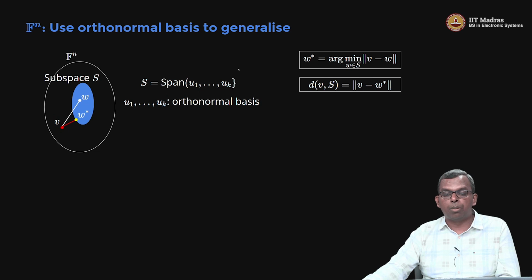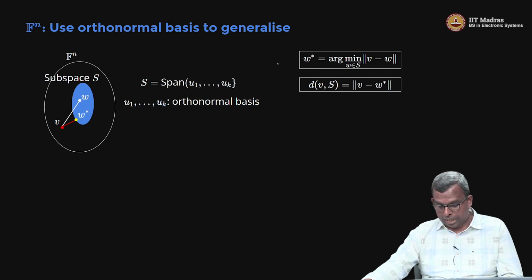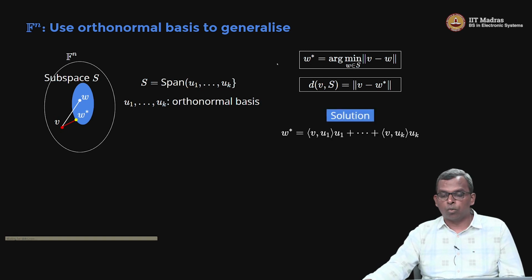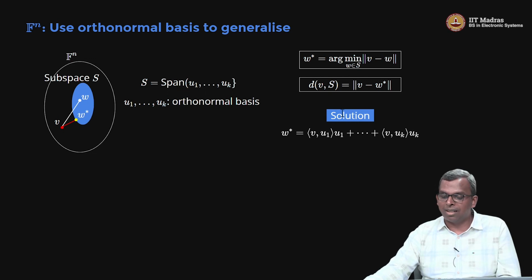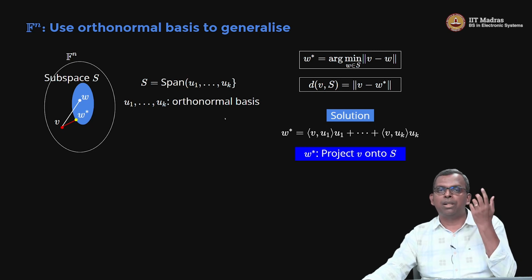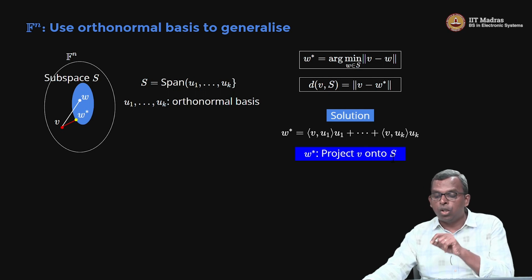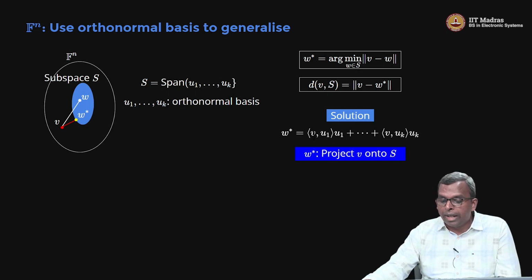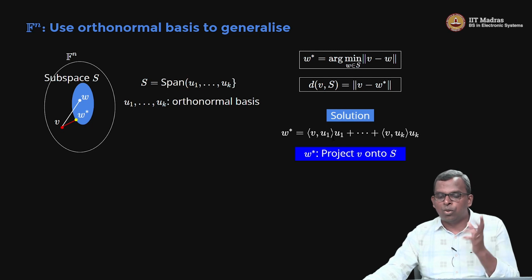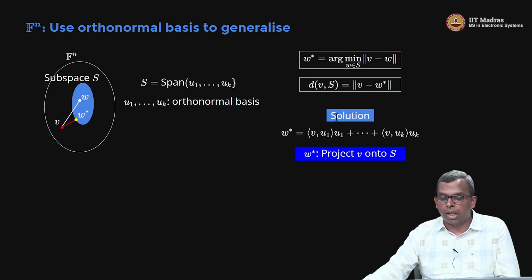Once I have an orthonormal basis, it turns out this w star has an explicit formula. Okay, it might be surprising to you, but there is an explicit formula which is basically nothing but projecting v onto S. So previously in one dimension we saw you projected v onto the line. Now you project v onto S. How do you do it? You take v, take a dot product with u1, the first vector in an orthonormal basis. Remember, u1 to uk is an orthonormal basis, so norm of u1 is 1. Previously I was doing something else. Here norm of u1 is 1. Keep that in mind.